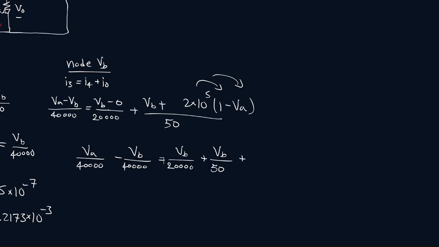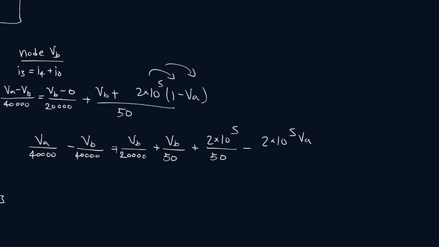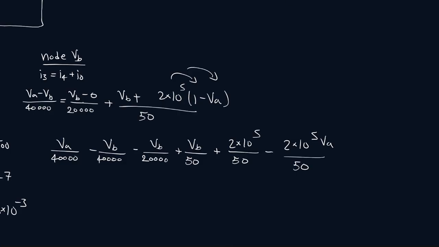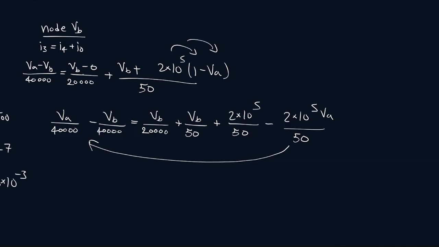So it'll be plus 2 times 10 to the power of 5 all over 50 minus 2 times 10 to the power of 5 VA all over 50. Okay, so let's collect like terms. So let's bring this to the other side. So it'll be 1 over 40,000 plus 2 times 10 to the power of 5 divided by 50.